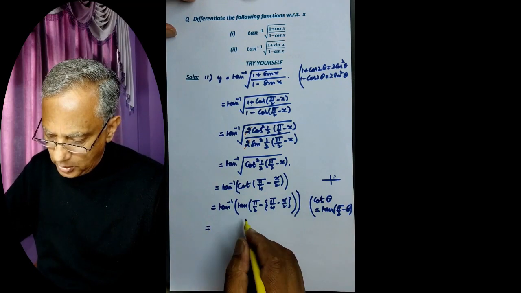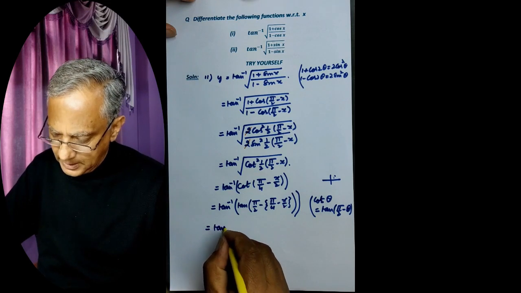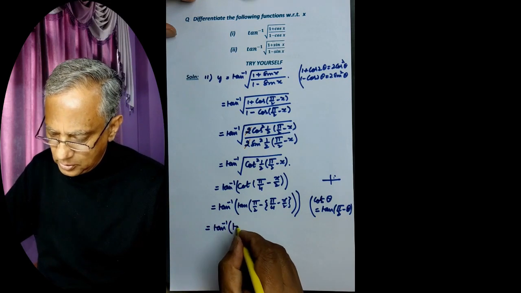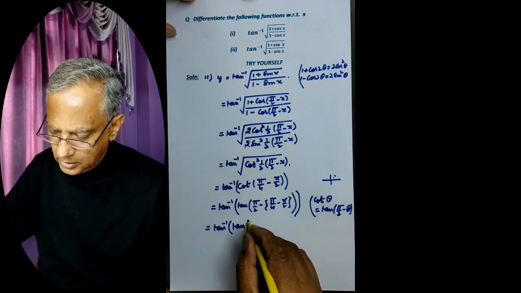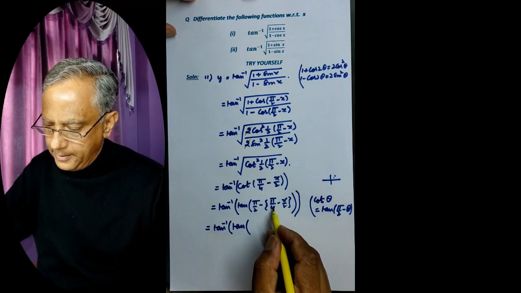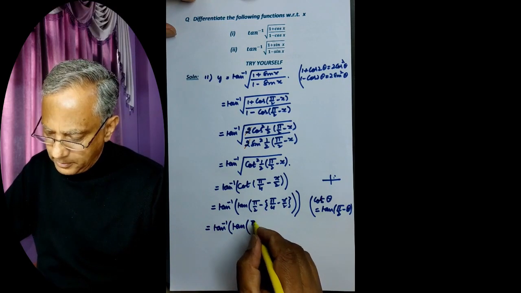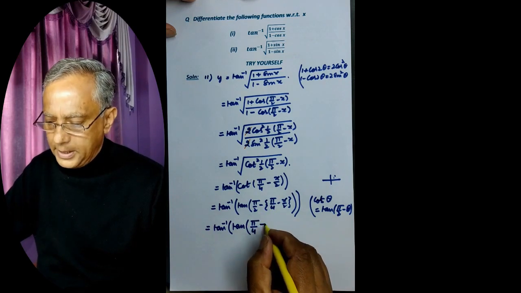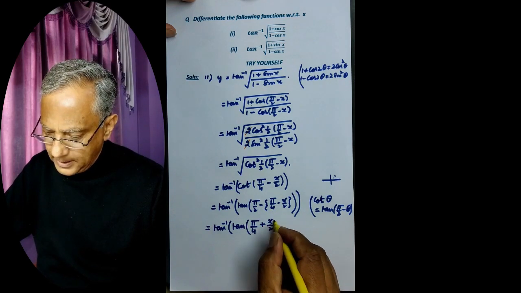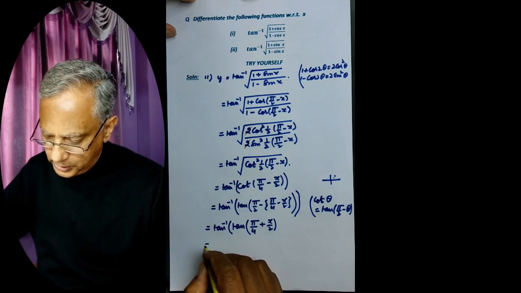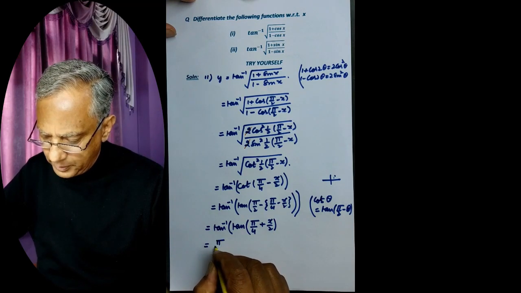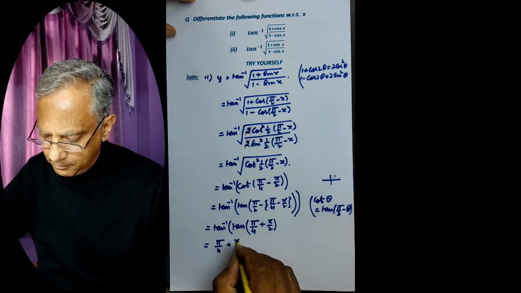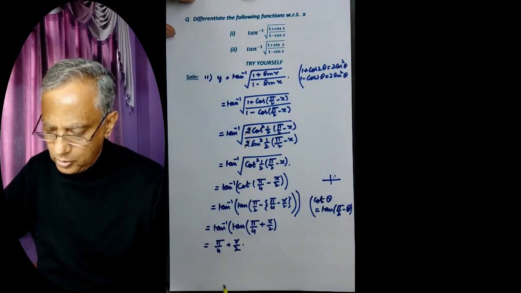And this is equal to tan inverse of tangent of... Now pi by 2 minus pi by 4. Pi by 2 minus pi by 4 is pi by 4. Minus minus plus x by 2. So this can be written as pi by 4 plus x by 2.